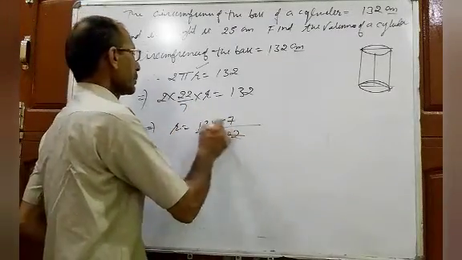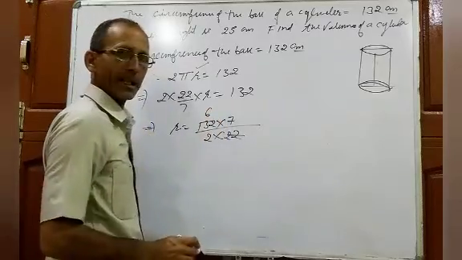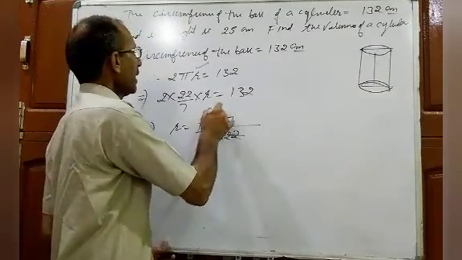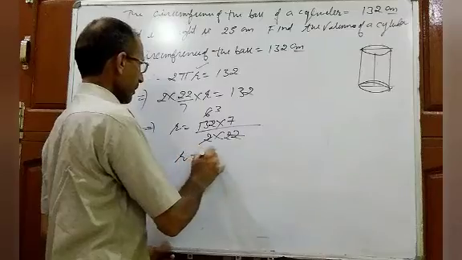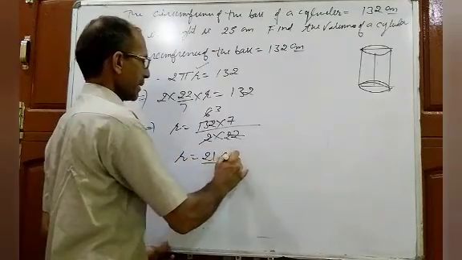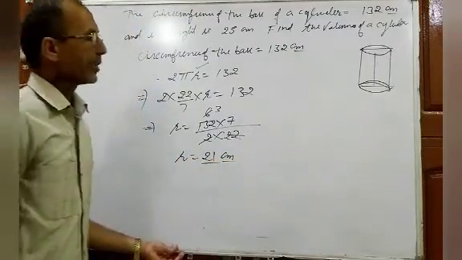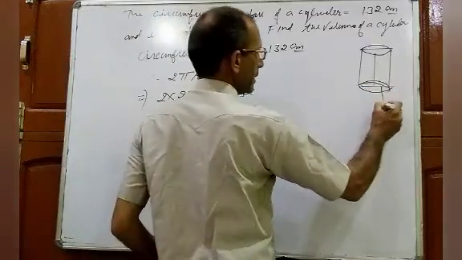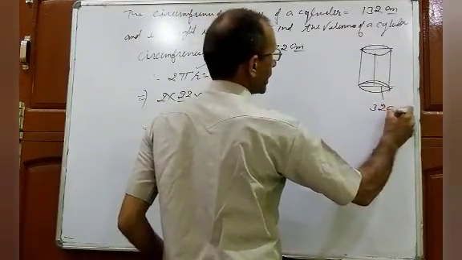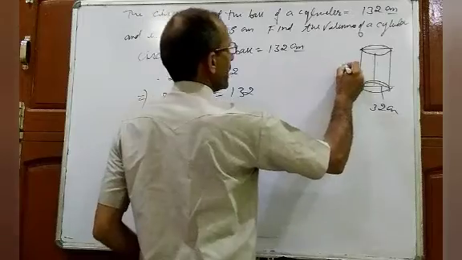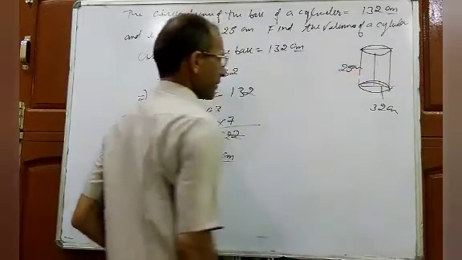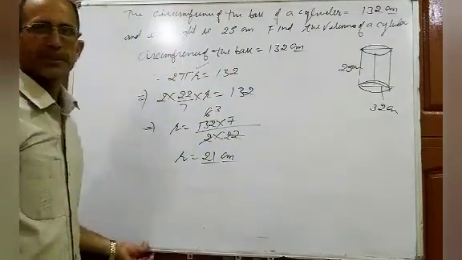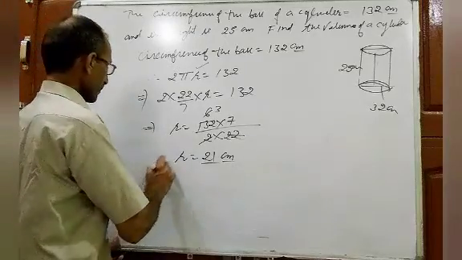So 22 sixes are 132, 2 threes, so the radius is equal to 21 centimeter. The radius of the cylinder is 21 centimeter and the height is 25 centimeter. Now the volume of the cylinder.